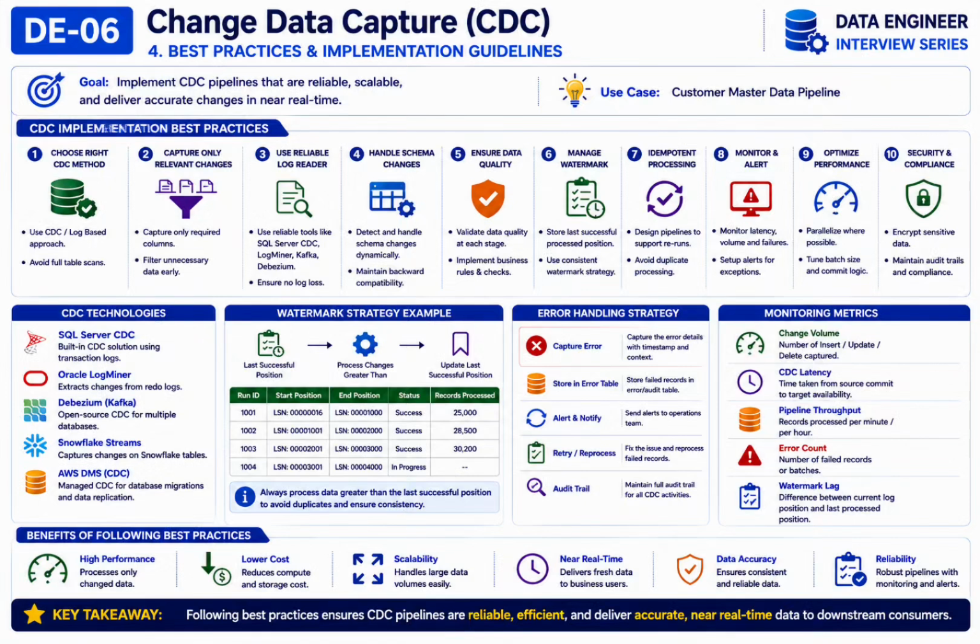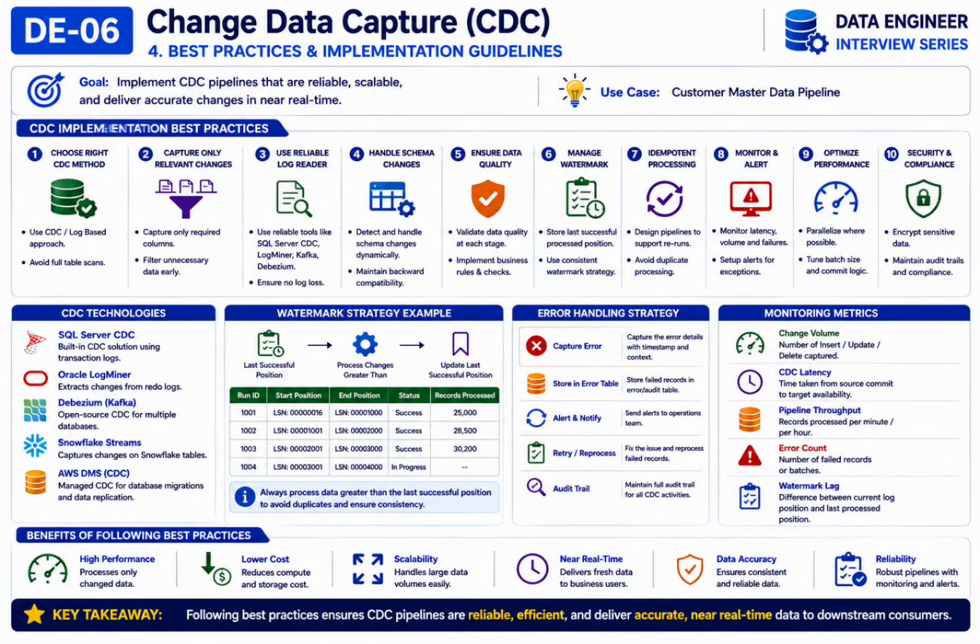Track CDC latency and change volume, processing throughput, failed records, and pipeline execution time. If anything fails, generate alerts immediately. Then another important production practice is designing idempotent pipelines, right?